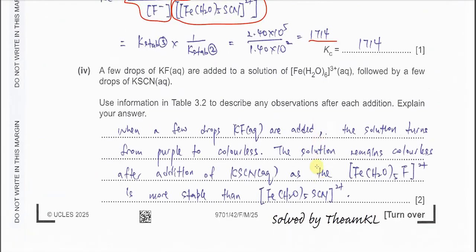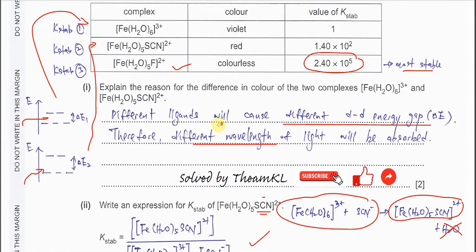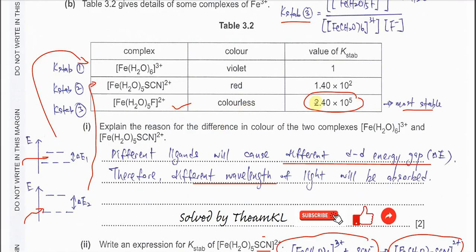Okay, part 4. A few drops of KF are added to the solution of the hexa-aqua iron(III) ion, followed by a few drops of potassium thiocyanate. Use the information in table 3.2. Describe any observations of each addition. First, when the KF is added, what happened? When fluoride is added, it will most likely form the most stable complex ion here, because it's fluorine.